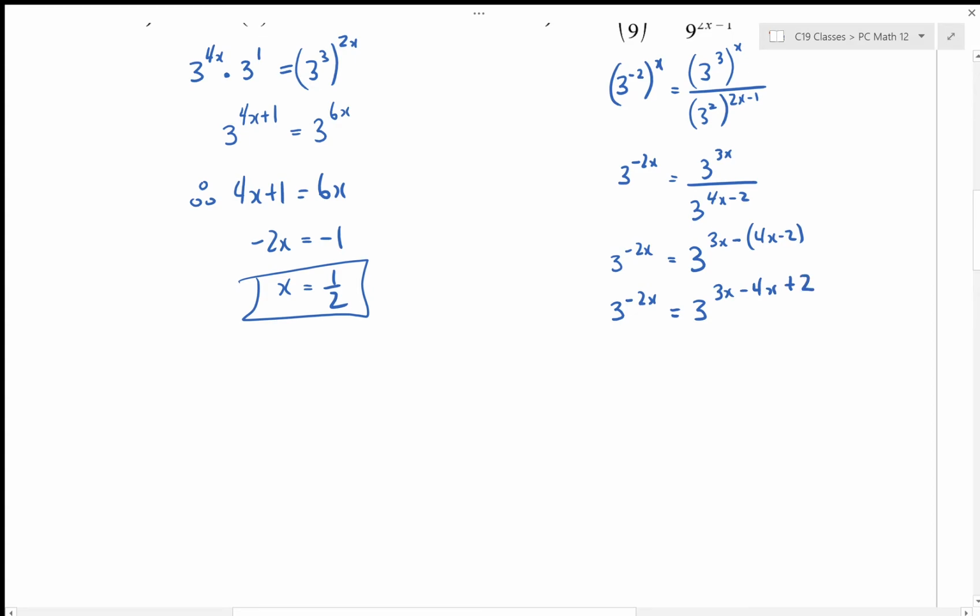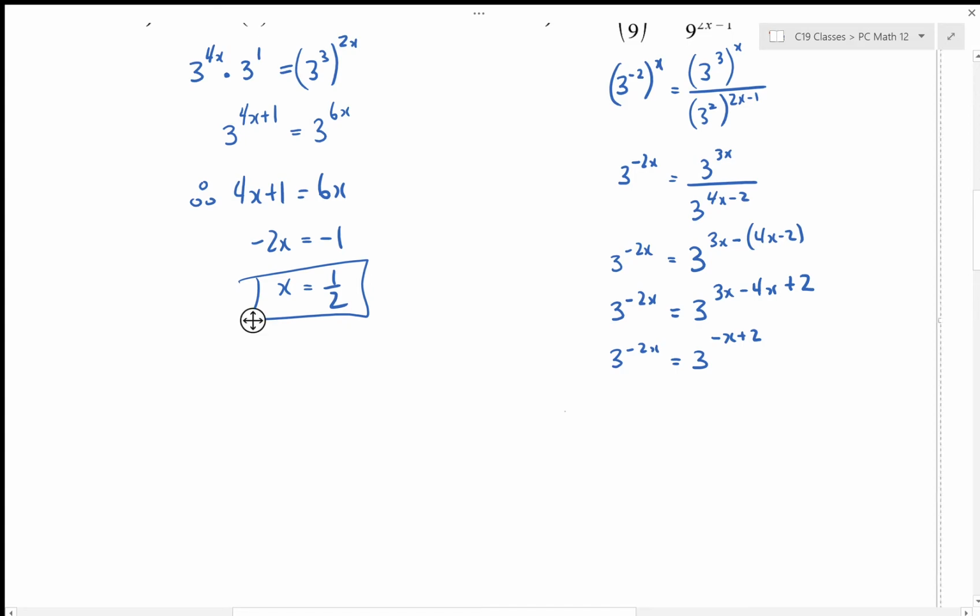Now it's critical that plus 2 is what I see too many students make mistakes with. I could explain this question every year, and every time I put a question like this on the test, I get the same issue. About 25% of the kids forget to change that to a plus 2. So 3 to the -2x. Now I'm just going to simplify that side, so it's going to be 3 to the -x plus 2. 3x minus 4x is -x, and then just plus 2.